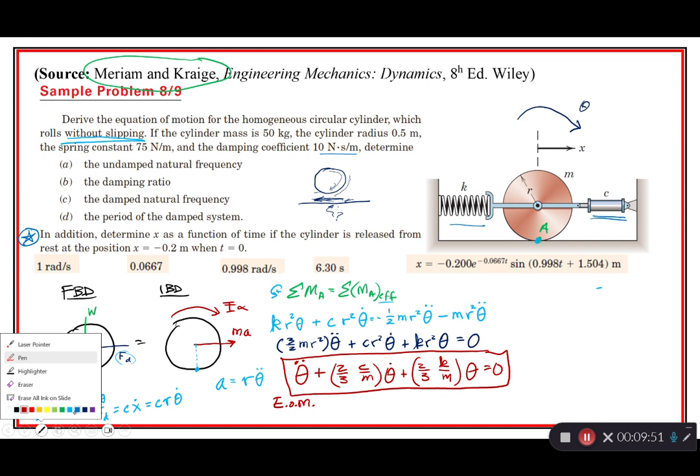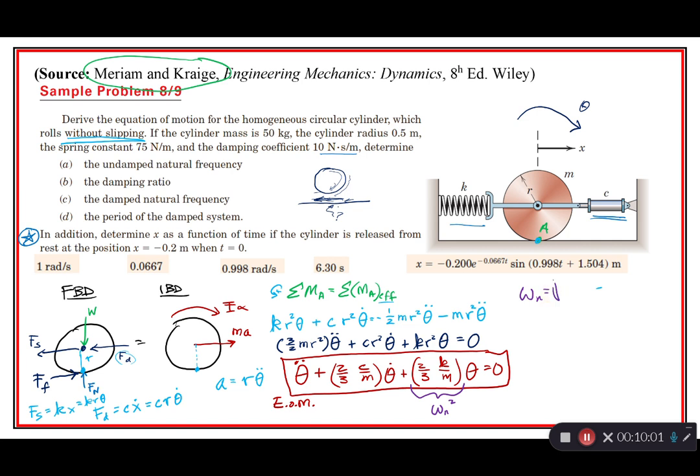I don't know why we didn't, but we know that this right there is omega n squared. So omega n is the square root of 2/3 k over m, or 2/3 times k, 75, divided by m, which is 50.